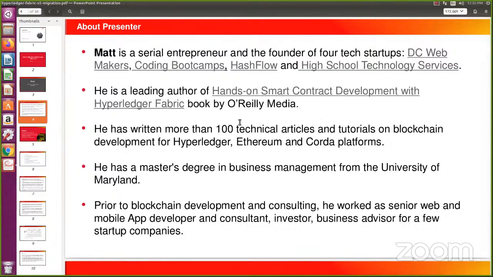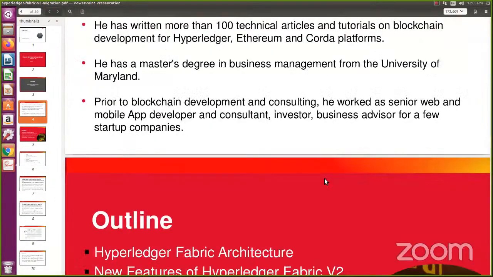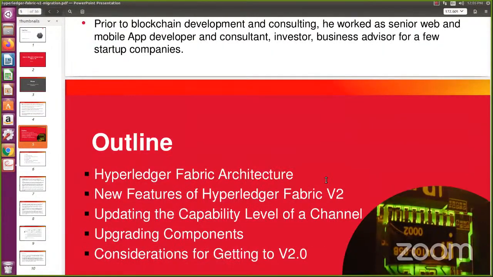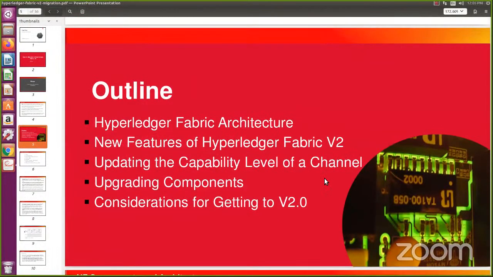This book talks about how you can use Fabric version 2, how you can create and deploy your smart contracts on Fabric version 2, and many other topics. Besides that, I'm quite visible in the blockchain community. If you search my name in Google, I'm most likely going to show up. I also have a background in business, with an MBA from the University of Maryland. Beyond my technical and non-technical bio, you can find more information on my LinkedIn.